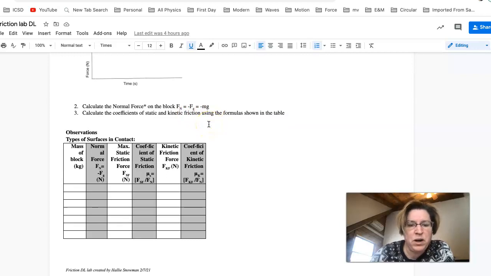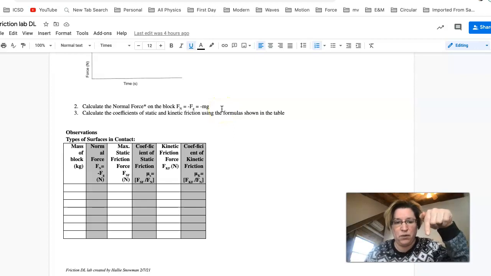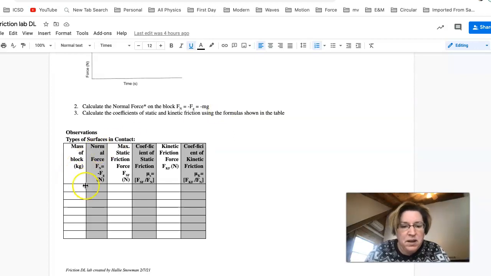You multiply whatever the mass was, in this case 0.1 kilograms, times 9.81. That gives a negative force of gravity on the glass block, but because the normal force is upwards, I'm going to put that as a positive number.